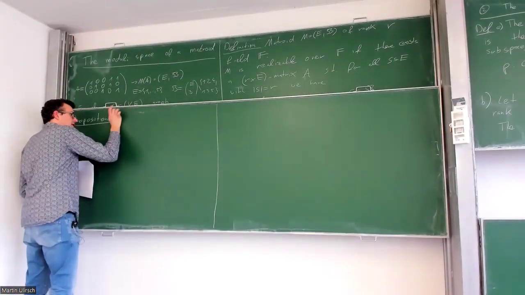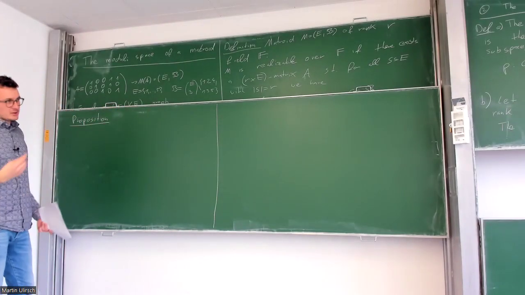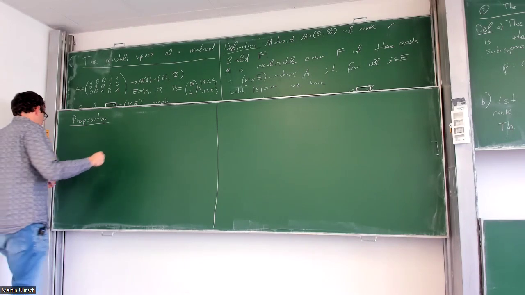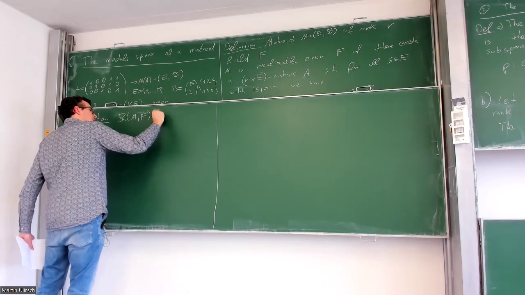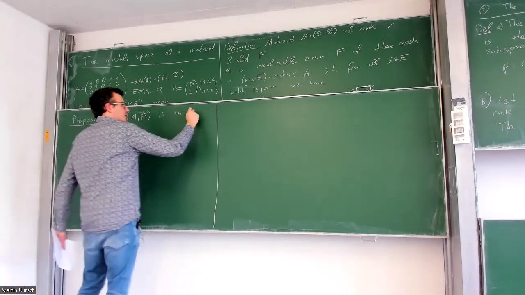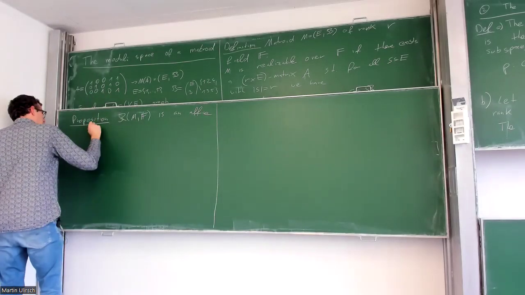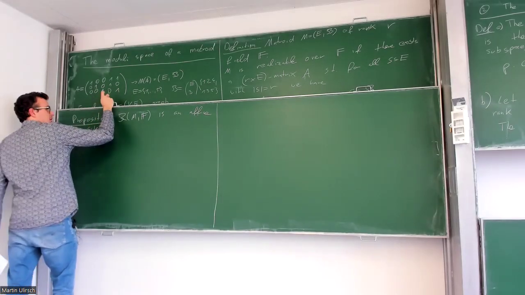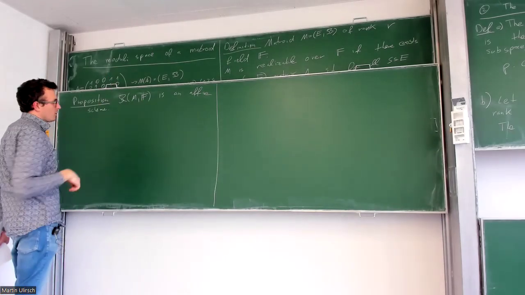So the proposition is that the space I constructed is in fact an affine scheme, R_M is an affine scheme, and I want to give you a sketch of how to construct the coordinate ring of that scheme.